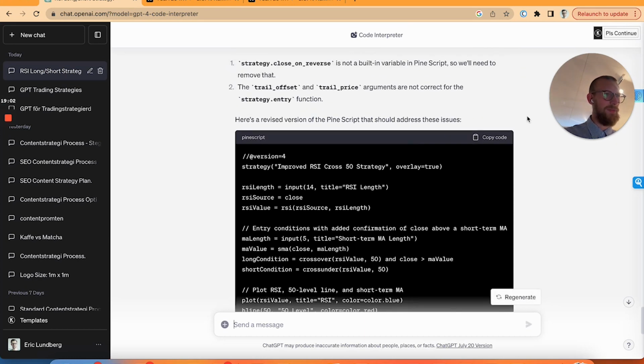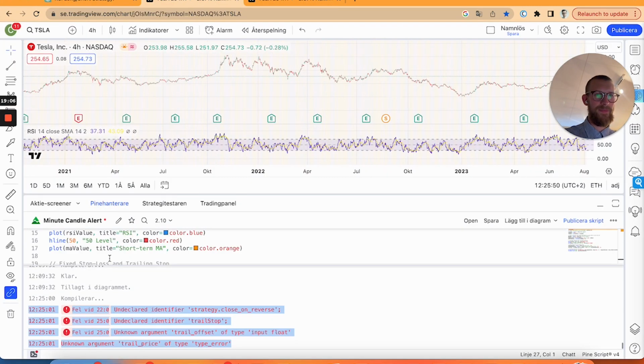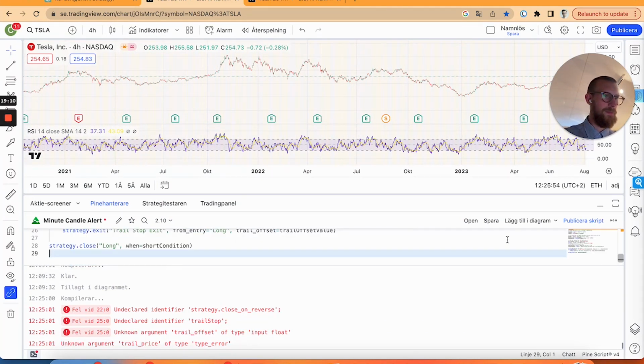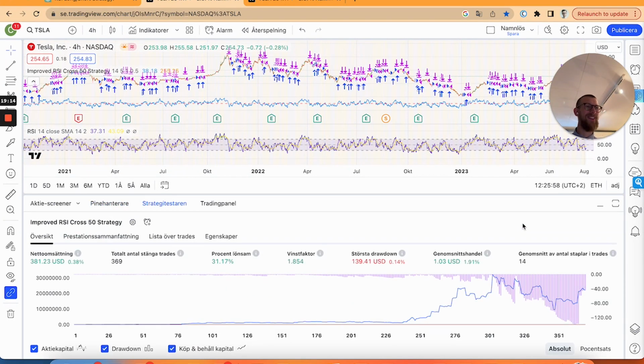Okay, let's see if it works. Boom. Add the diagram. Woohoo! It was added.